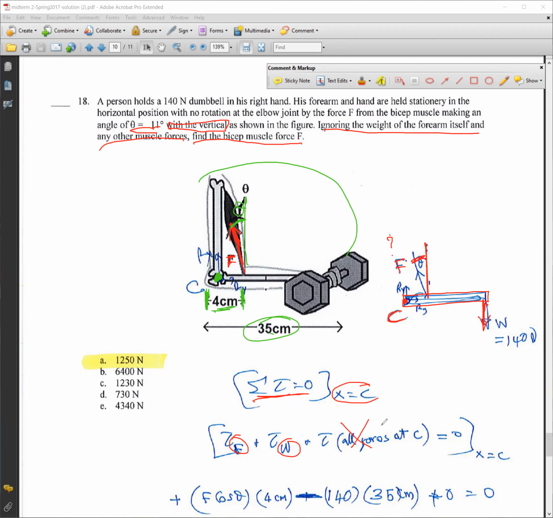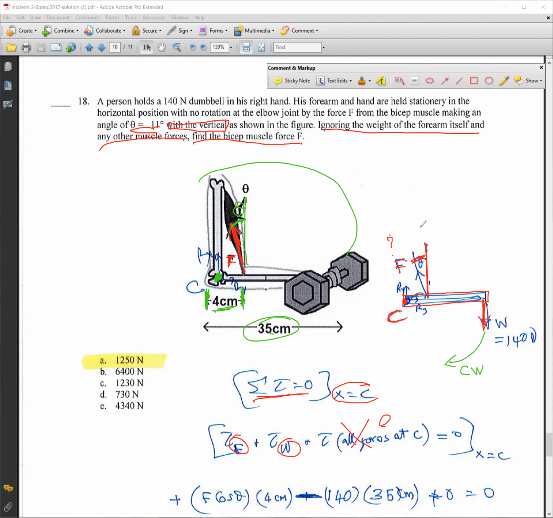Whatever force is acting on the fulcrum will have a 0 torque. Now, which torques are positive and which are negative? The torque due to weight, we'll start with this, is causing a clockwise rotation. I'm sure you will all agree this is clockwise rotation.